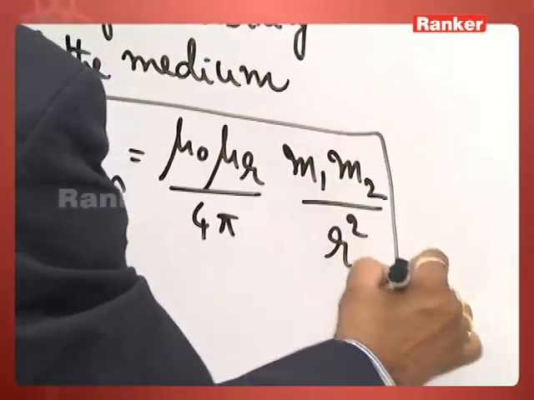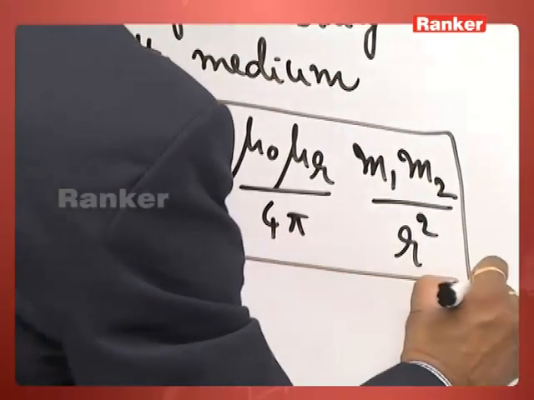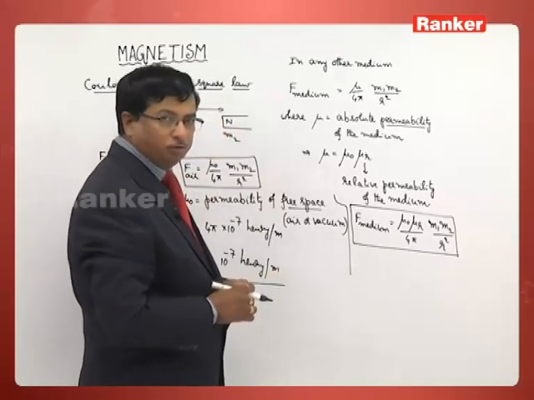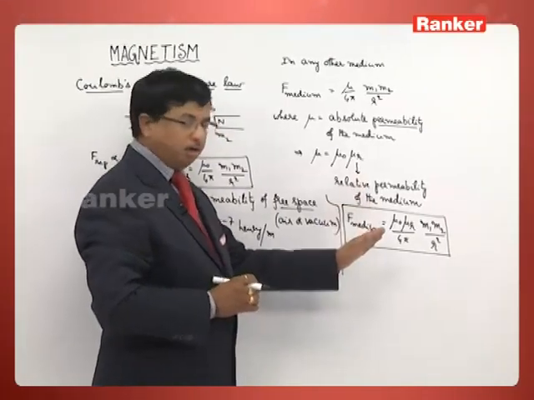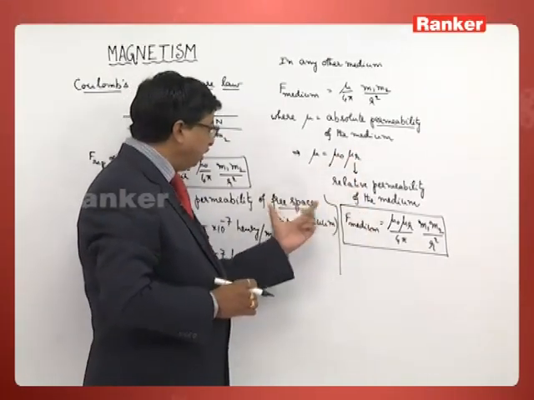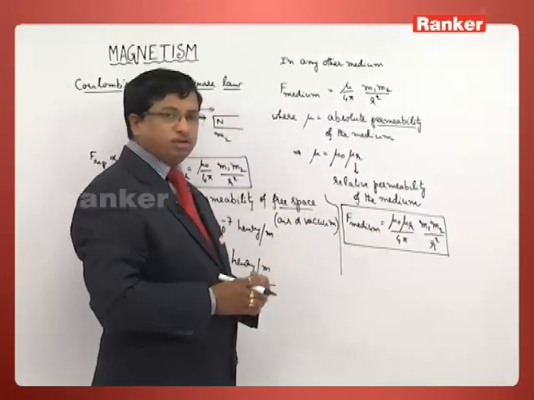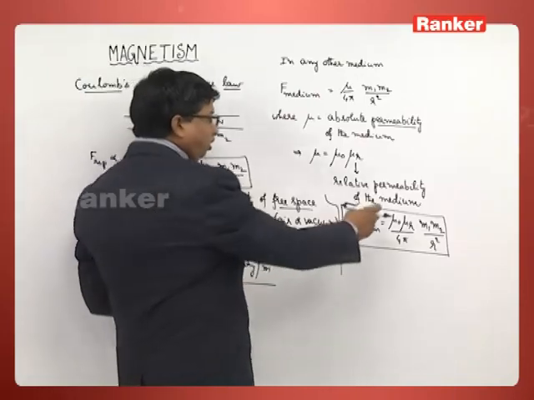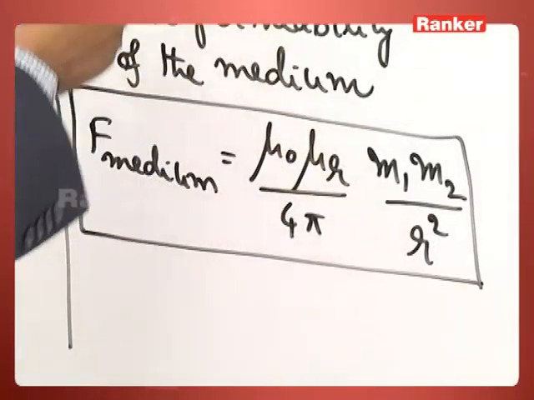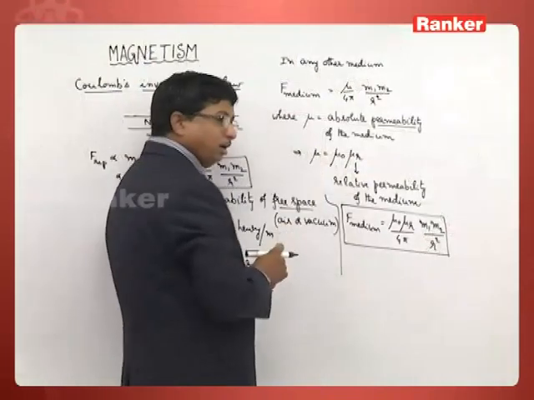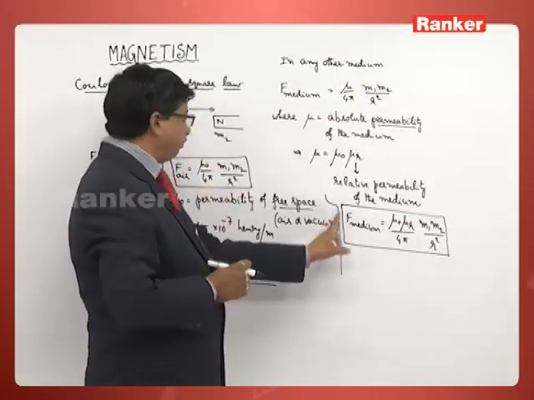This is the formula for the force between the magnetic poles when separated in a medium other than free space. So when we consider this equation, in what manner can we define this mu r in terms of forces?